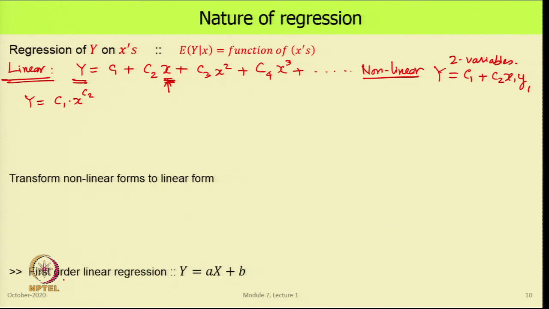Now, this is not a linear relation, it has an exponent here, or it could be ln also, that y is equal to C1 ln x, or we could have y is equal to C1 e to the power minus C2 by x.